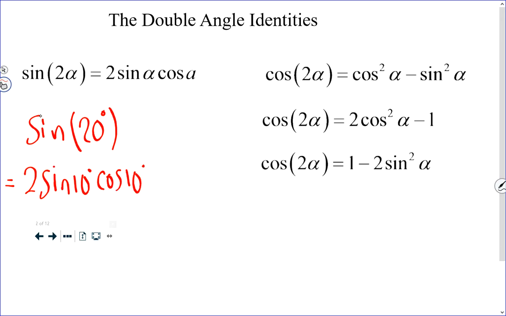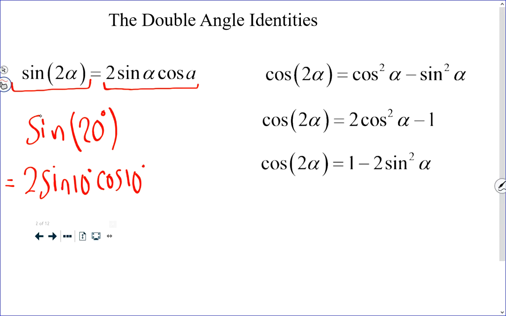That's what this identity says. It says sine of 2 times an angle equals 2 times sine of the angle times cosine of the angle. And you can certainly feel free to check that on your calculator by entering sine of 20 degrees and 2 sine of 10 cos of 10 degrees and see that you get the same thing.